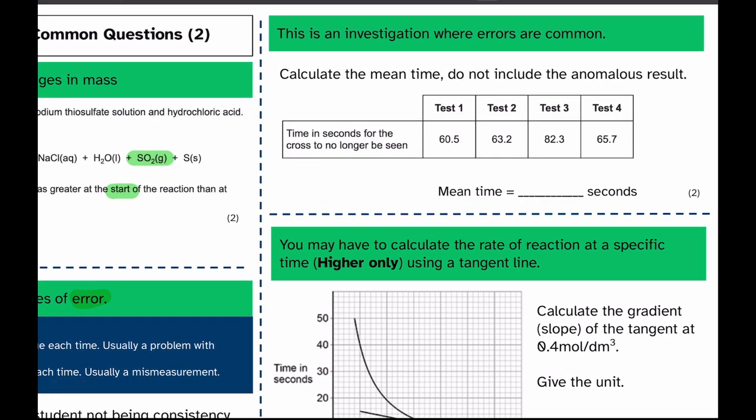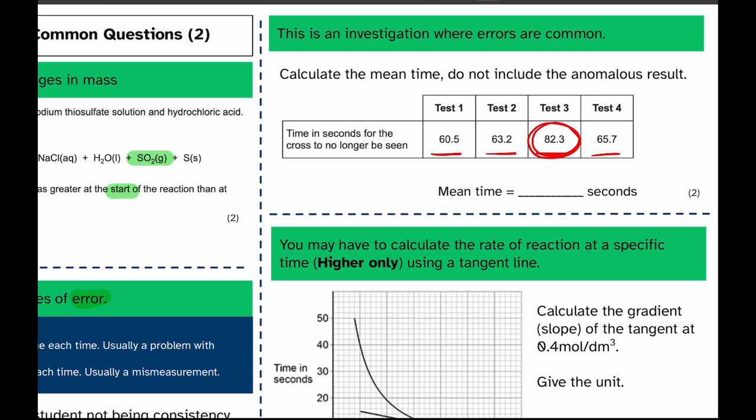Because there is lots of error in this experiment, as I've told you, you're quite often going to be given a set of results and you would have to calculate a mean, but they're going to be very clear and very obvious about this. 60.5, 63.2, 82.3 and 65.7. This result here is very different to the others. Don't look for anomalous results where there aren't any.